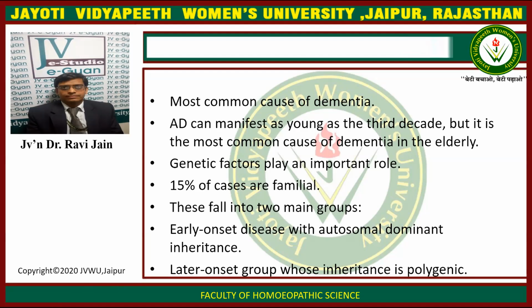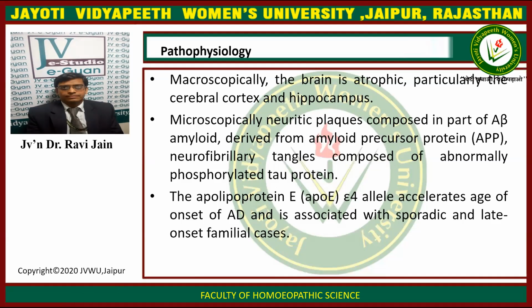The other is the later onset group, whose inheritance is polygenic. Polygenic means multiple factors are responsible for the development of Alzheimer's disease.